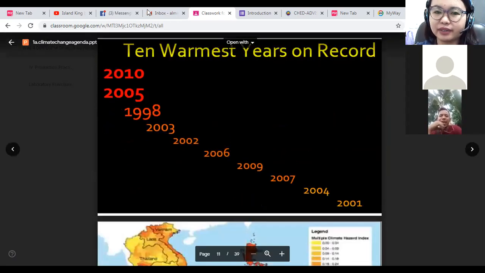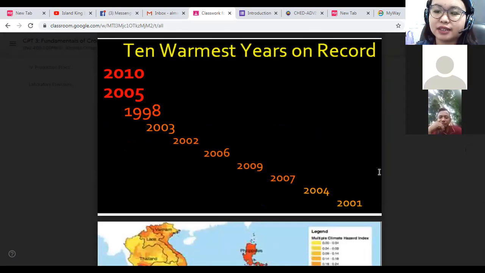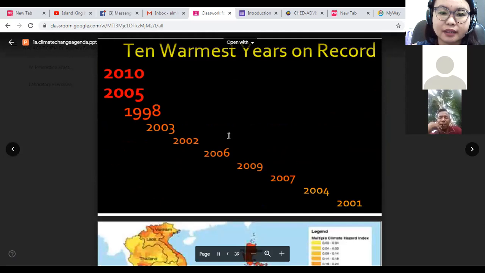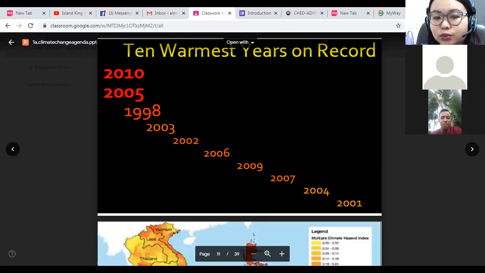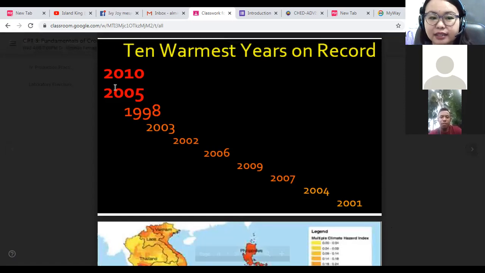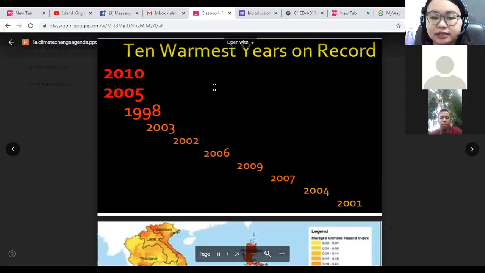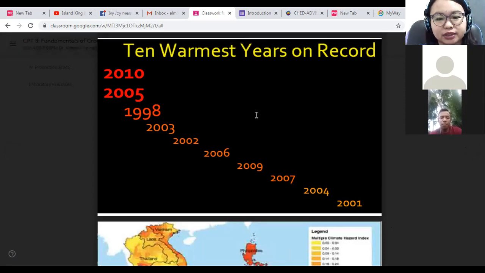Anyway, so on record, these are the 10 warmest years on record from 2001 to 2010. So now it is 2020, but as you can see, 2005 and 2010 have the highest temperatures so far.